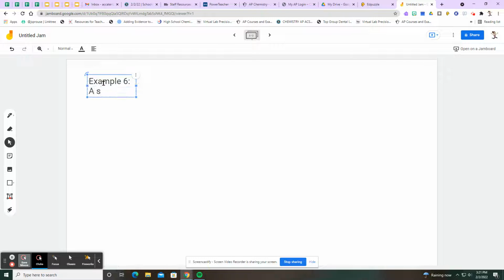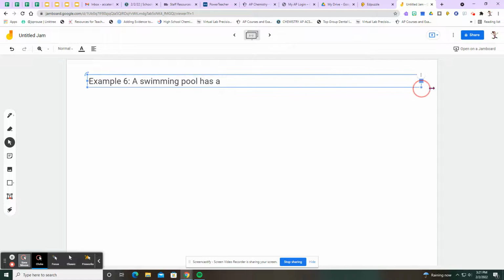So a swimming pool has a volume of 22,500 cubic feet.